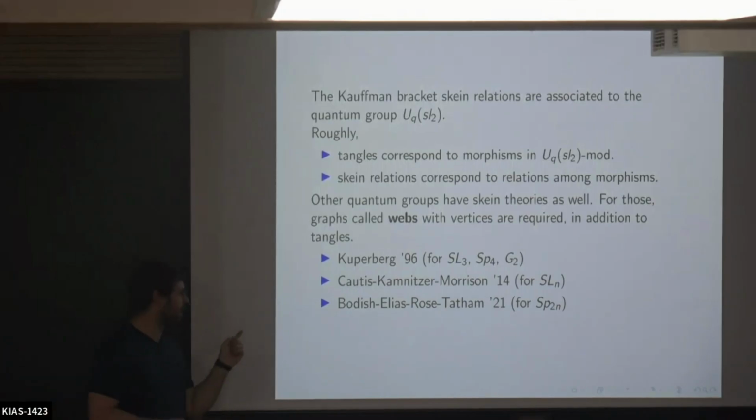It took a while for SLn. In 2014, they figured out all of the relations that you would need, the analog of the Kauffman bracket relations, that give you a way to describe the representation category of U_q(sln). Their proof was specific to SLn, and it took longer for people to move outside of type A. So it's still an active area of research.